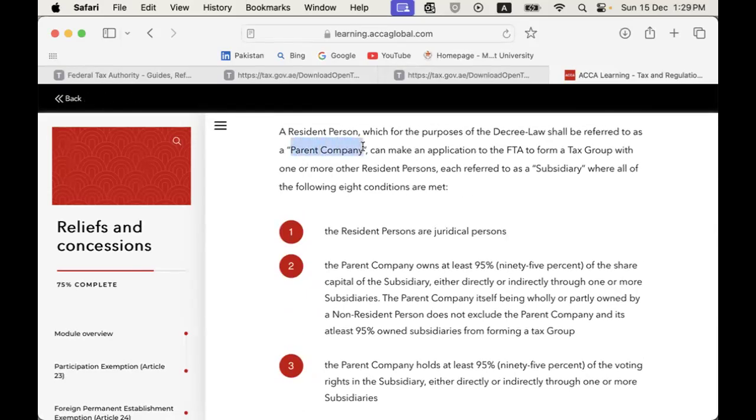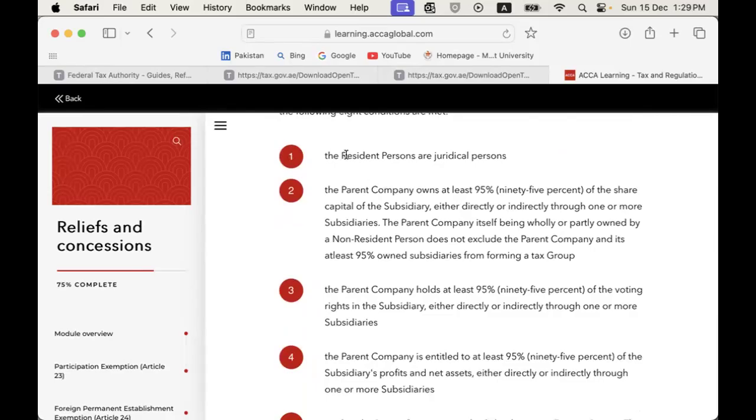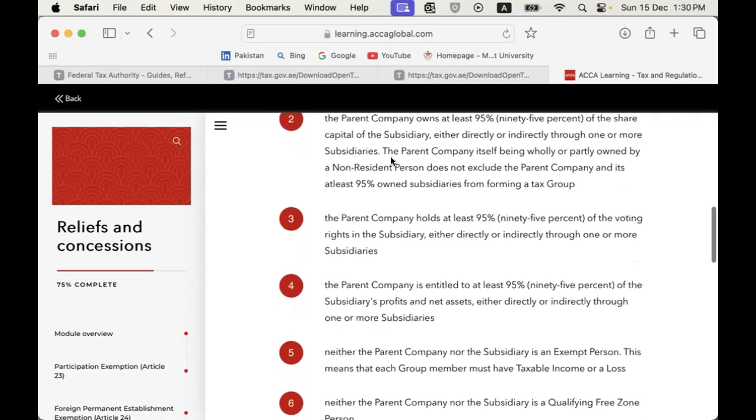I think some of you may remember that there has to be a parent company that has to be identified, and a subsidiary that has to be identified. In a tax group, all members must be resident persons. There has to be a 95% shareholdership in the subsidiary, direct or indirect, through one or more subsidiaries.